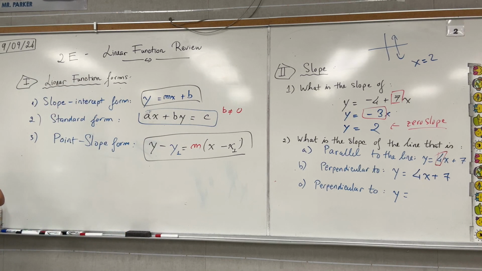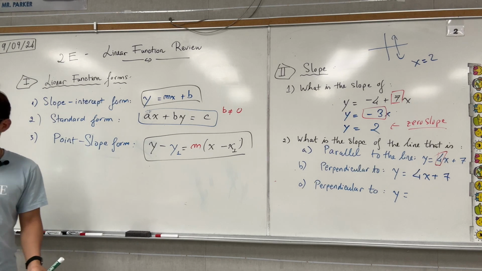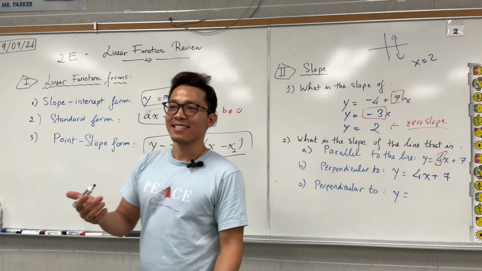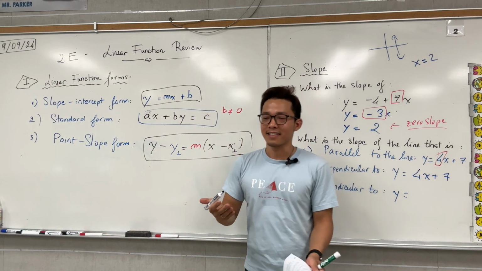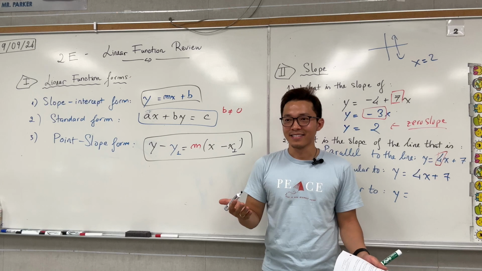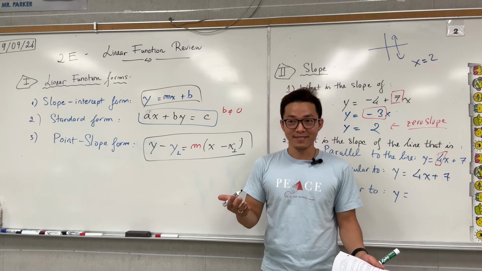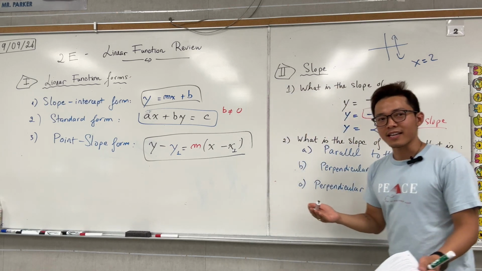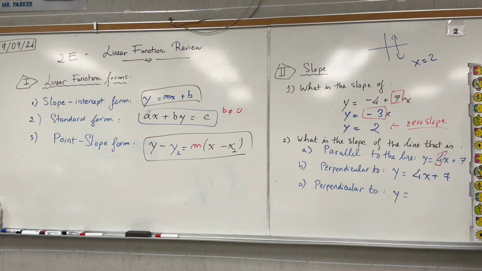Stephanie? Negative? Is that a question or a statement? Are you sure? Confident? Kind of? So she said -1/4. Who agrees? All right, who disagrees? So what is the number you think?